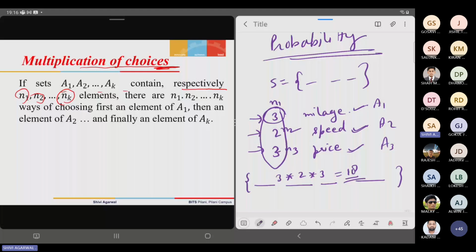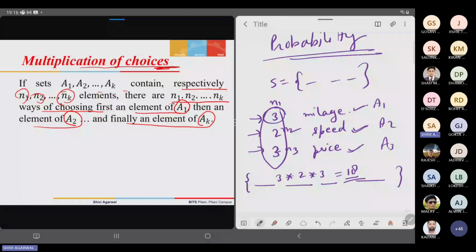Okay, fine. Thank you. You can see here there are k sets A1, A2, up to Ak, and there are N1, N2, up to Nk ways. So we can say there are N1 multiplied by N2 multiplied by Nk ways of choosing first an element of A1, then an element of A2, and finally an element of Ak.